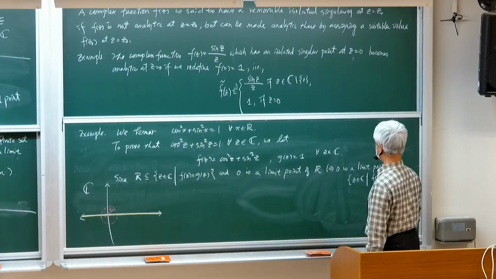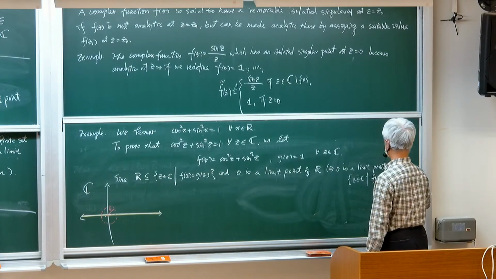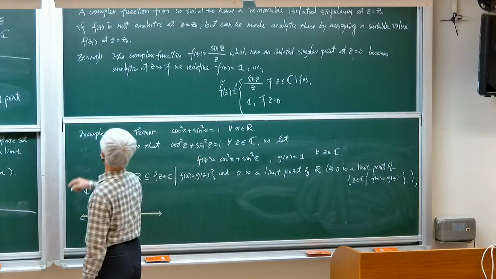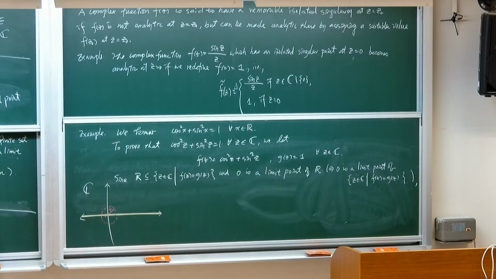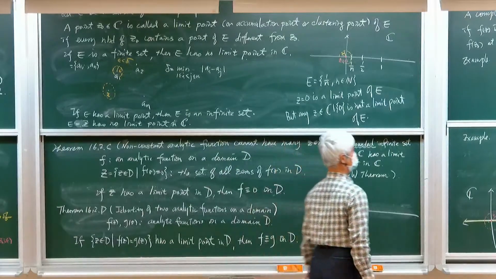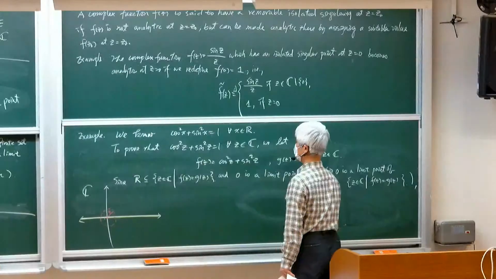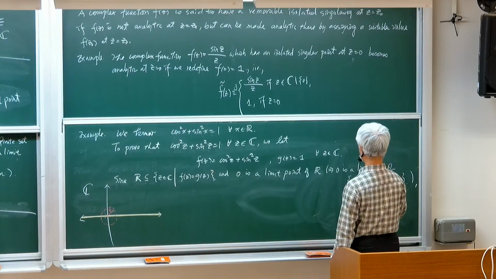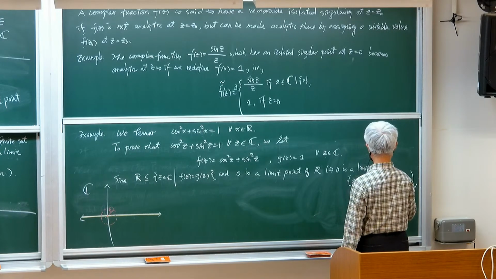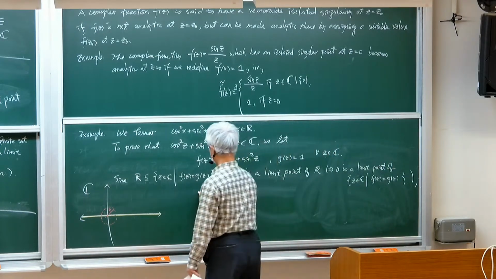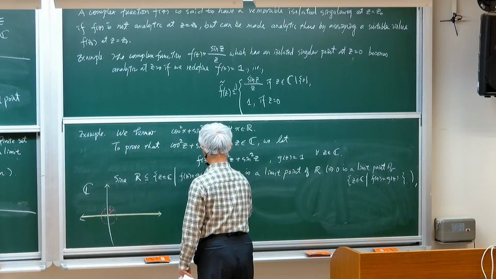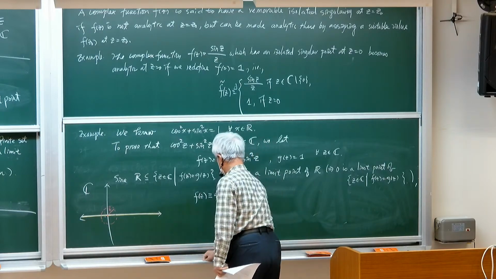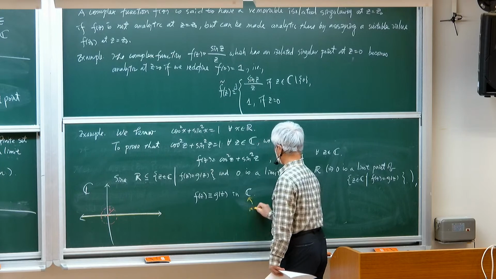Now by this theorem, because this set has a limit point, f(z) is equal to g(z) in C. And C, as we know, is a domain.